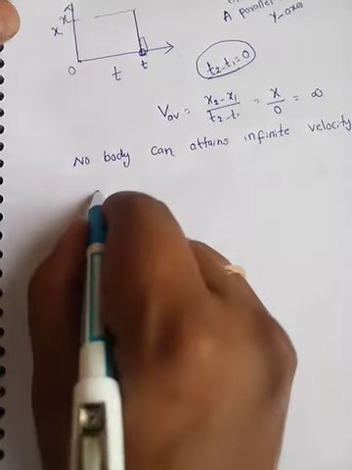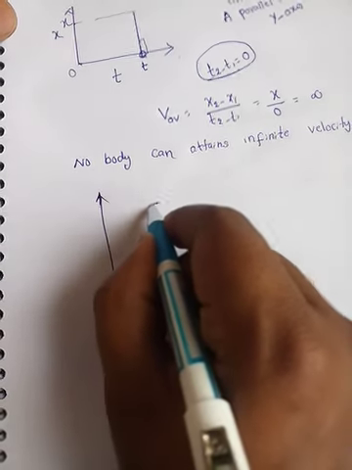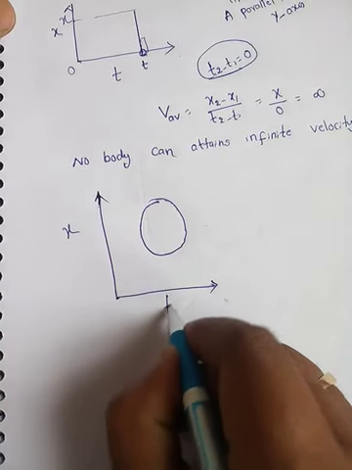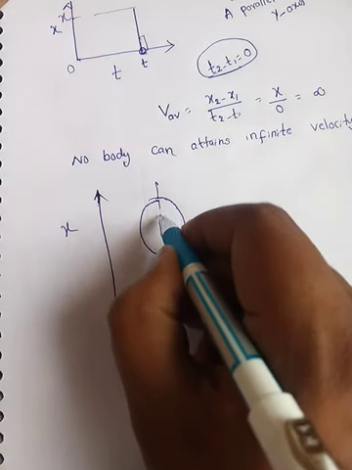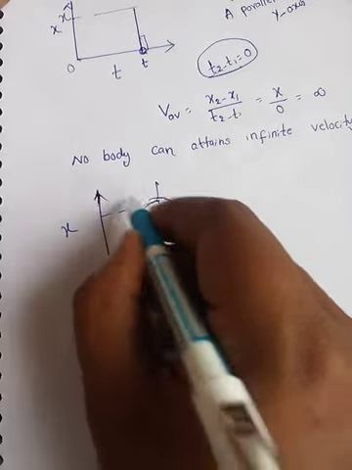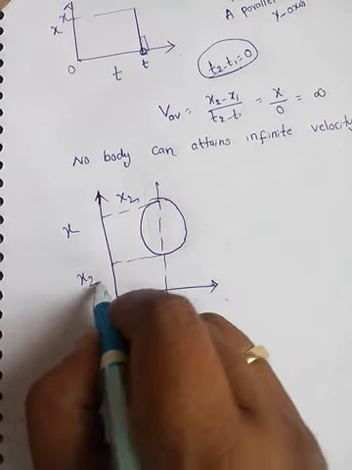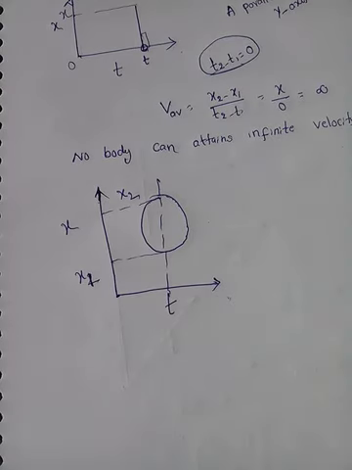Next. A graph like this is not possible. Why? At the time t, a body has two positions. Is it possible to have the same person at two different places at the same time?